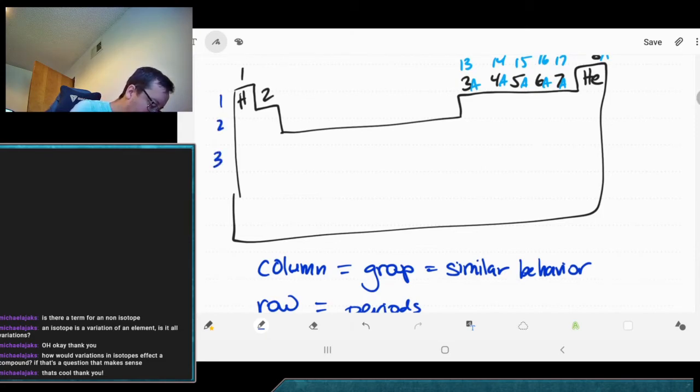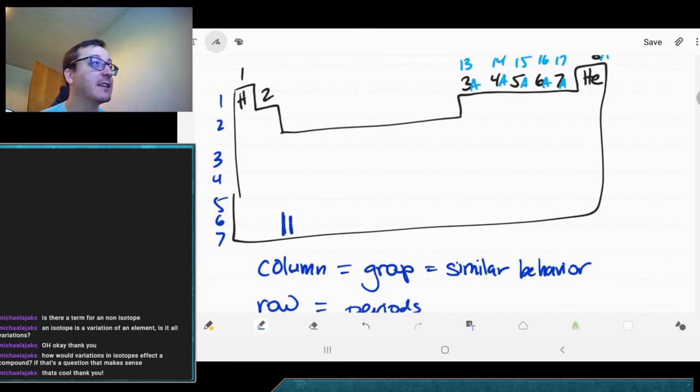There are 7 periods here. Sometimes on a periodic table you'll see a chunk taken out and put on the bottom. That chunk really goes right here, but we take it out so we can condense the table and make it not so big. Suffice it to say, that's not important for us right now. Okay.